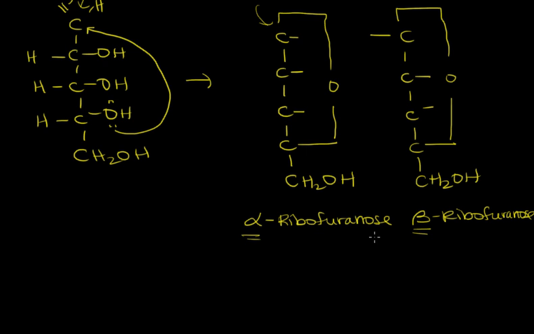Okay, and it's really easy to adapt a Fischer projection to a Haworth projection. So first off, you count the number of carbons, 1, 2, 3, 4, and then this oxygen makes a 5-membered ring. So you put the oxygen on the top, 1, 2, 3, 4. We can do that for both of them. And then every hydroxyl that points to the right is going to be down. And you might want to number your carbons, 2, 3, 4, 5, just to keep track of them.